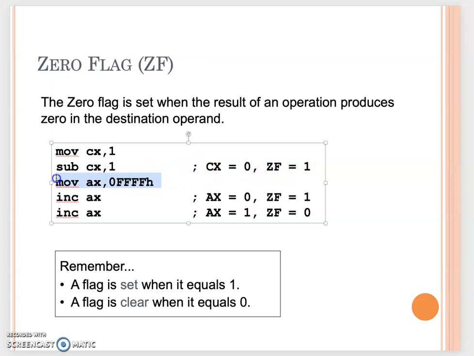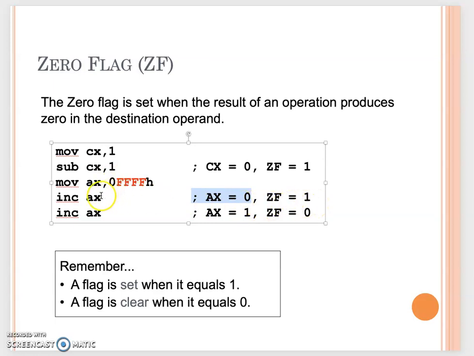Continue, you have your AX equal to FFFF, right? Then we increment the AX. When you increment FFFF by 1, it becomes 0. Even though it carries out by 1, you only have 2 bytes, so it just becomes 0. So in this one, the same thing, the zero flag is set.